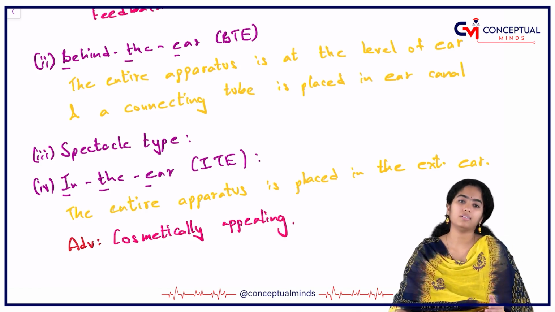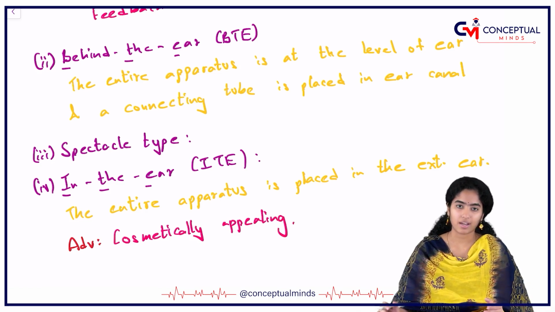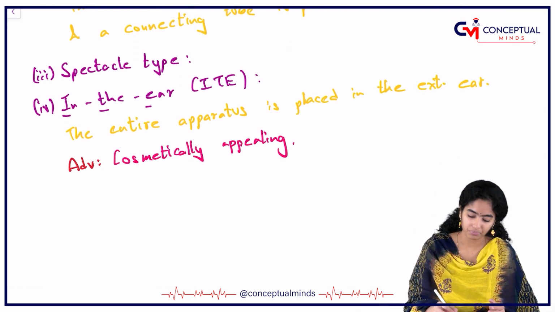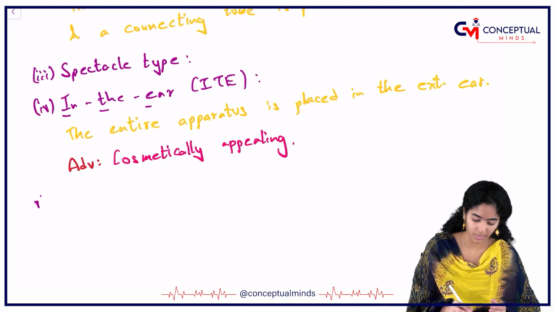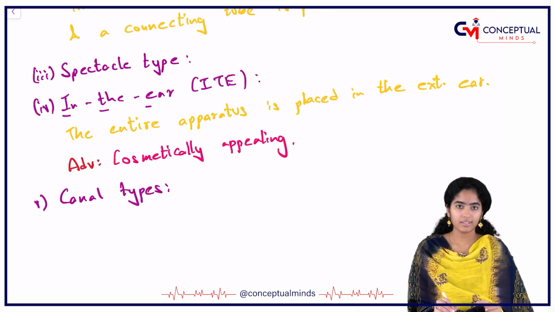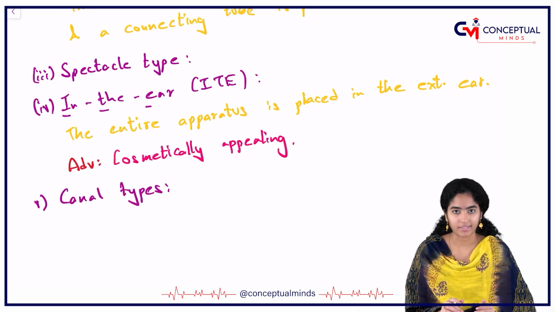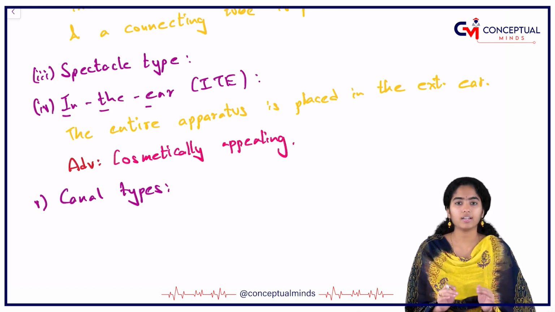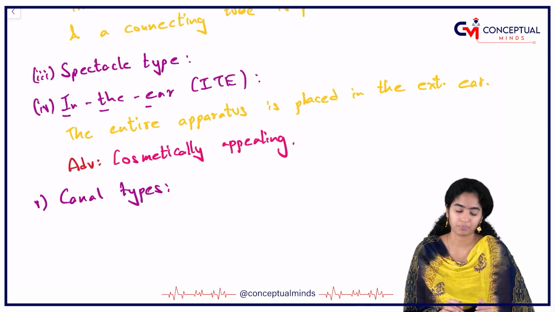Now, even better than in the ear types are canal types. This is the last variety. Canal types. In canal types, again we have two subcategories, in the canal and completely in the canal.